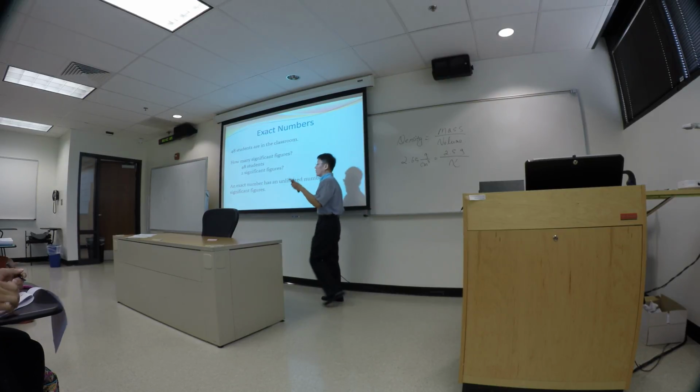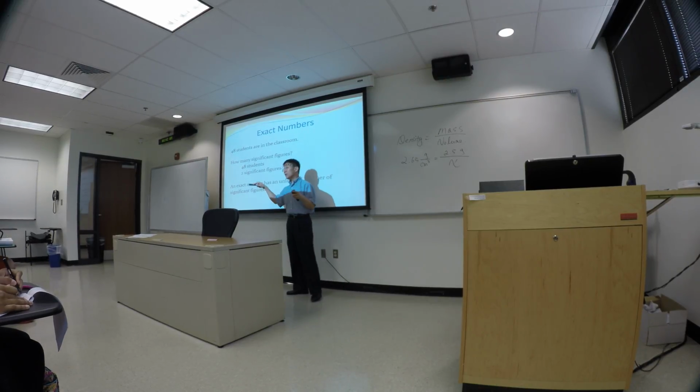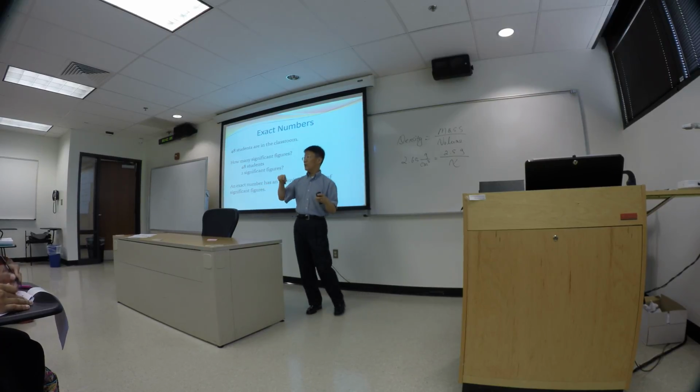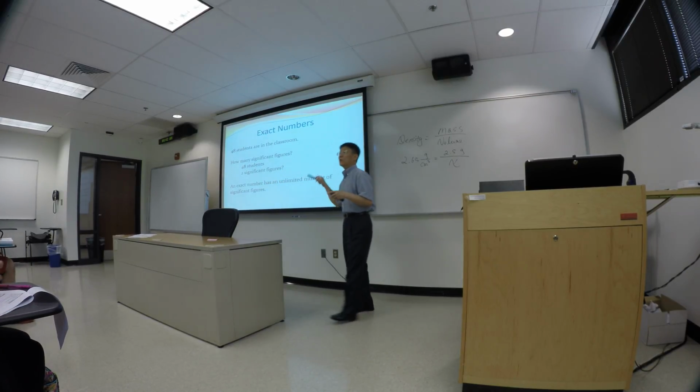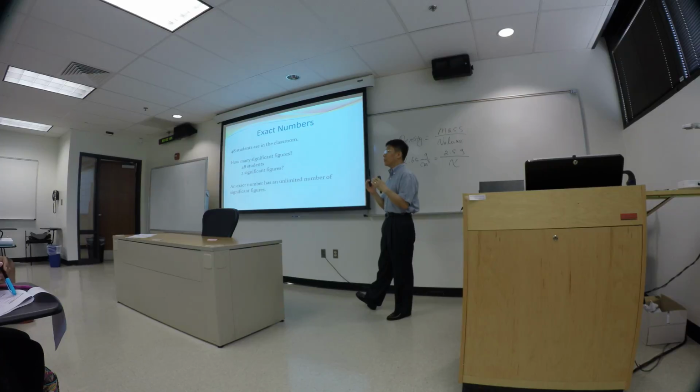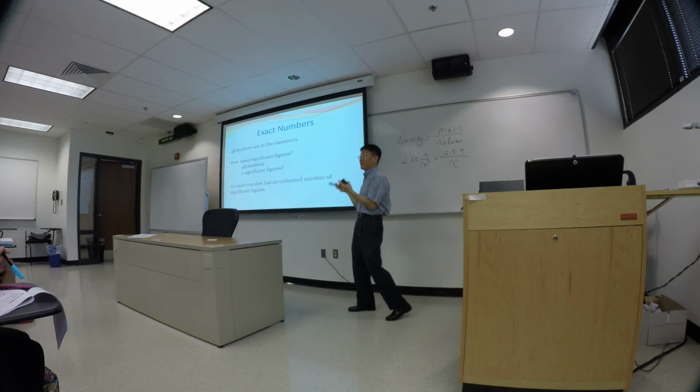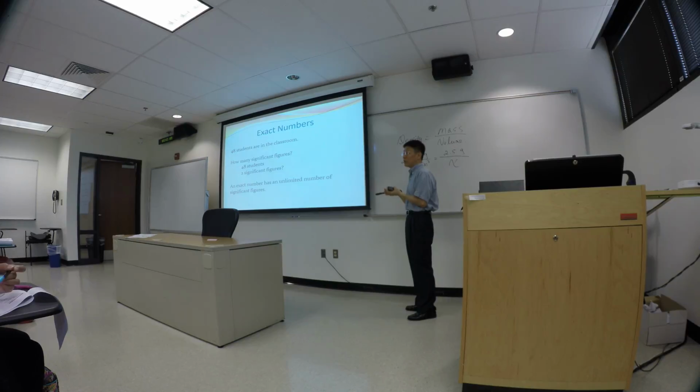One thing about exact numbers: we will be introducing what we call conversion factors. Conversion factors are treated as exact numbers. We know that 1 gallon equals 3.785 liters. That's 4 digits in there. How many sig figs? Well, we don't use the term sig fig. That's not a measured quantity, it's a conversion factor.